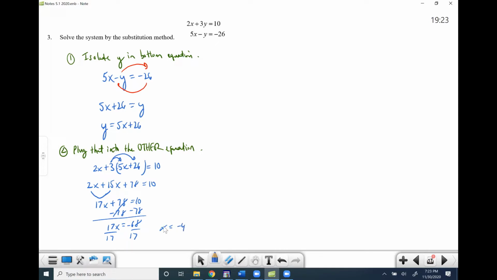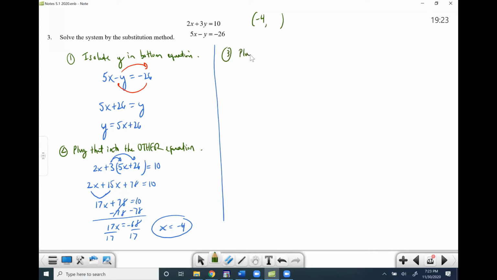Now don't stop here. I always have a lot of students, because I don't get multiple choice for this test, that just box that and go on. We're supposed to find the point where these 2 lines cross, right? So far, we've only found the x value of the point. We need to get the y value, right?